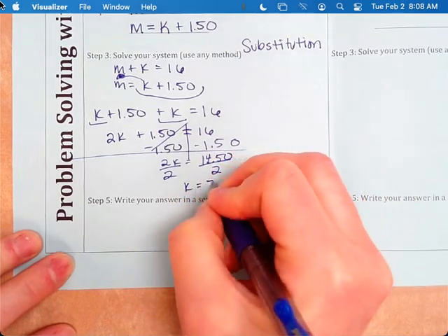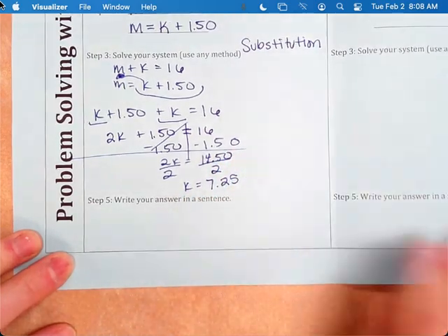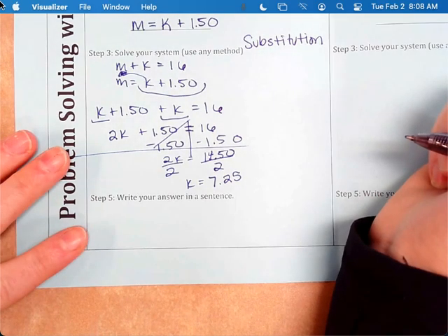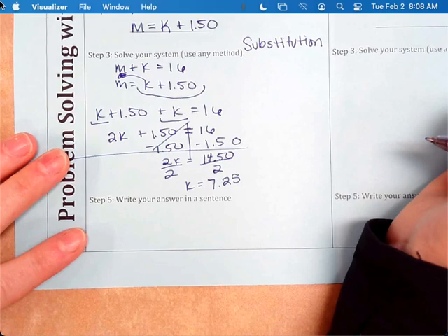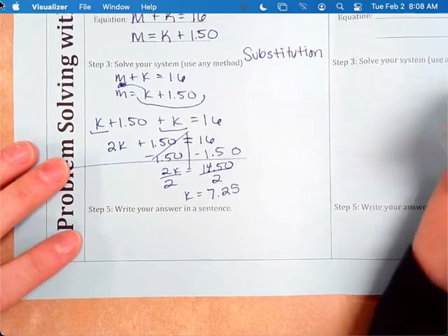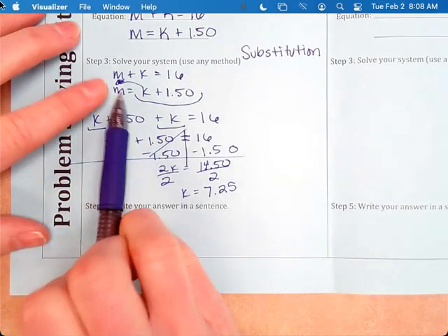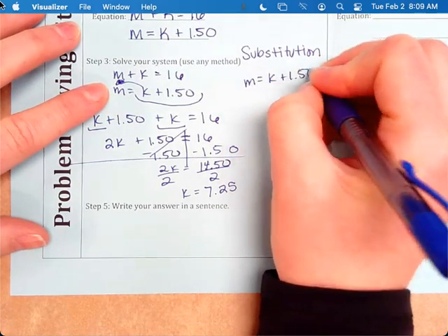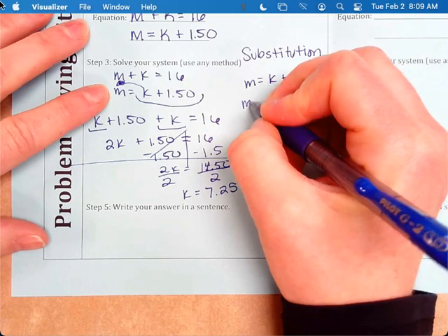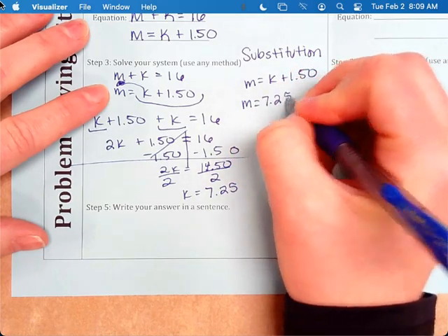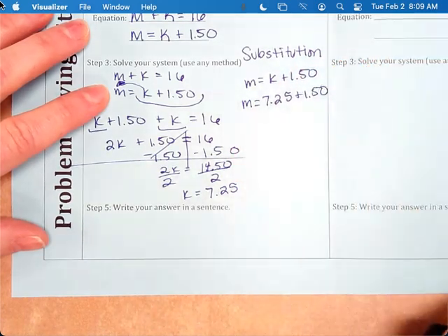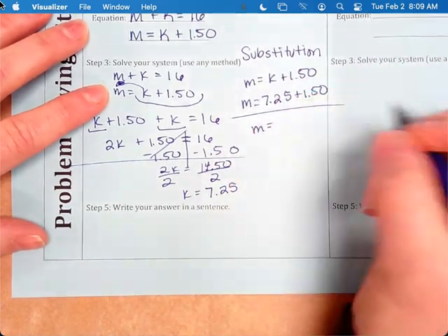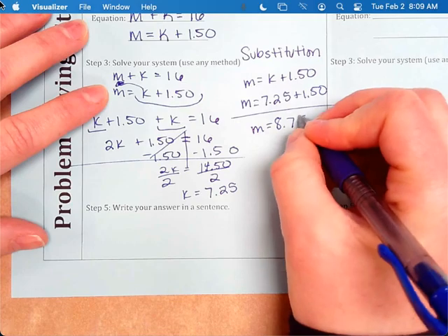K equals 7.25. Okay, so we have K. So now to find M easily, we can say M equals K plus 1.50. We already know what K is, so M equals 7.25 plus the $1.50. So M equals 8.75.